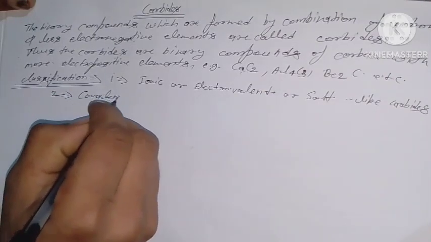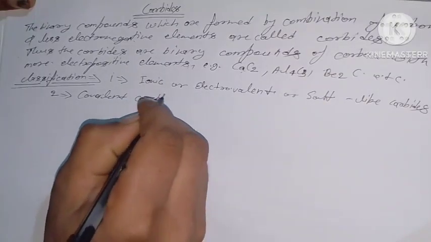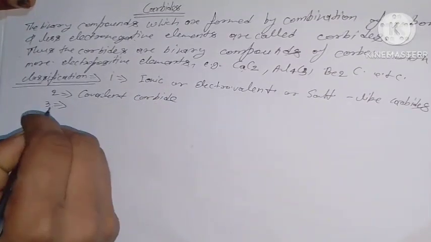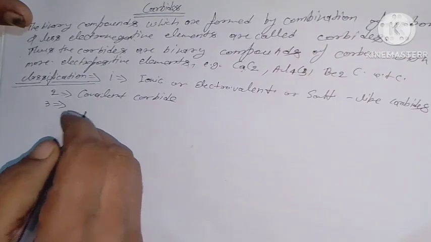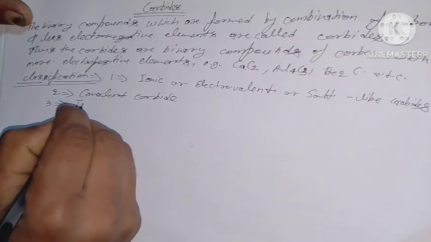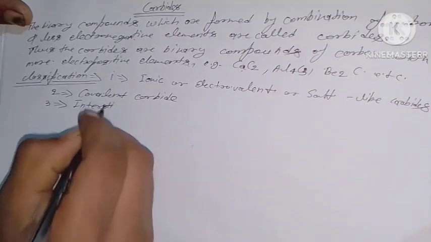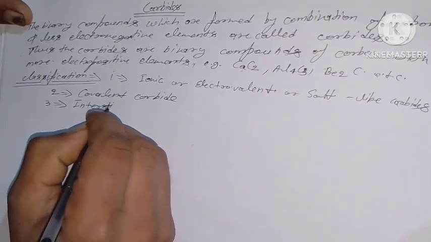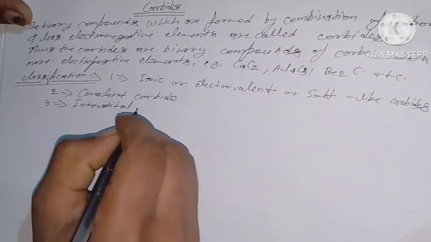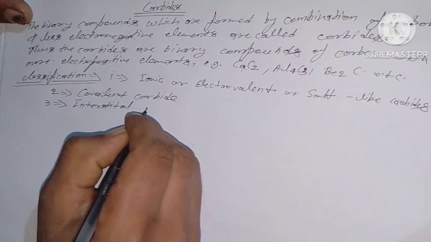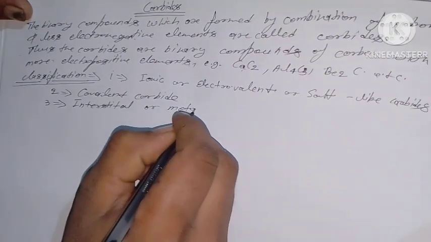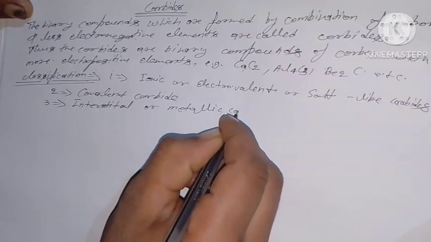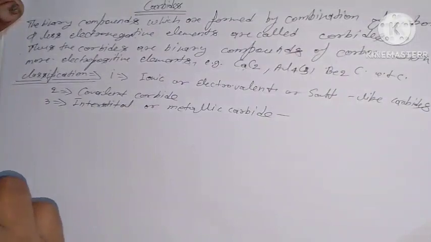Third: interstitial or metallic carbides. These are discussed one by one as follows.